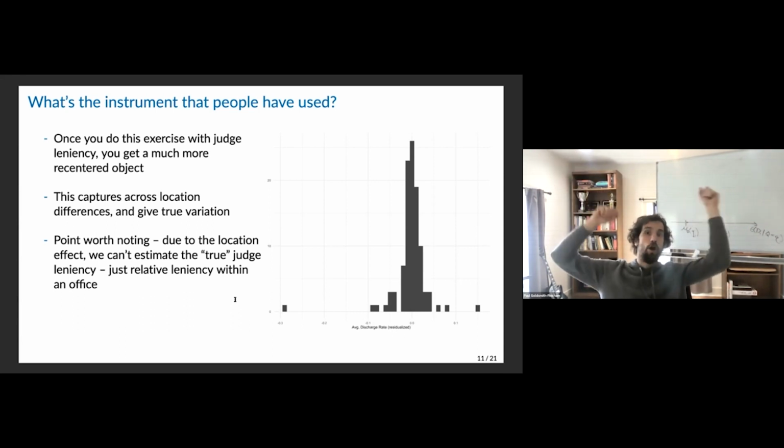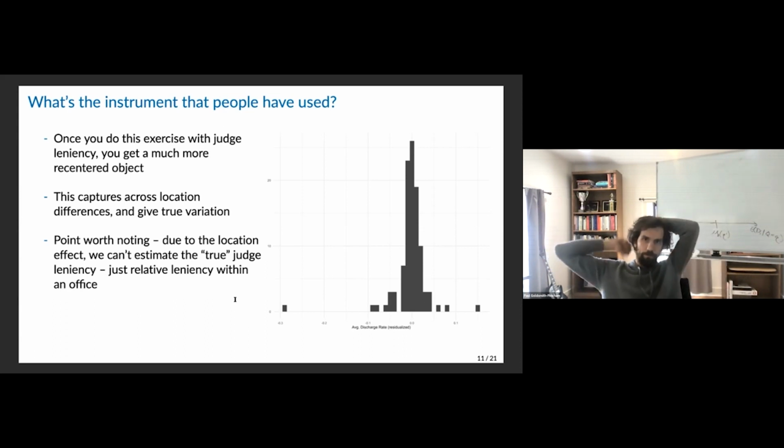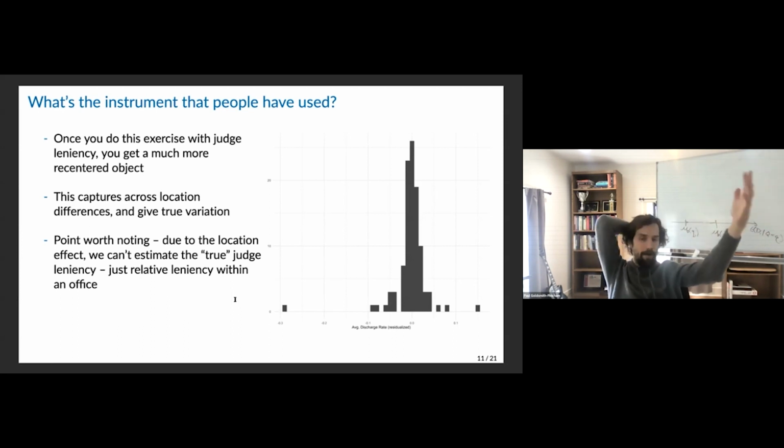We can only know relative differences within the court. So the thought experiment is always going to be looking at the relative within-court variation that we see there. Now, it won't end up mattering if they're totally random.